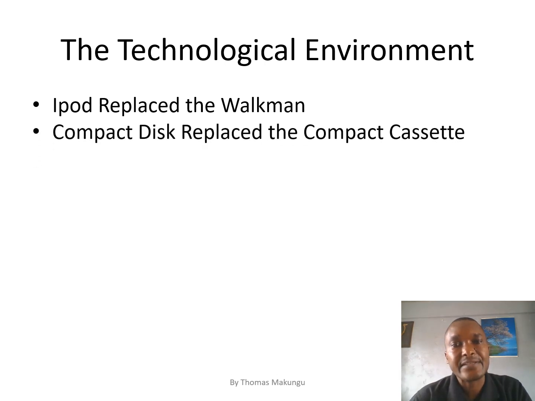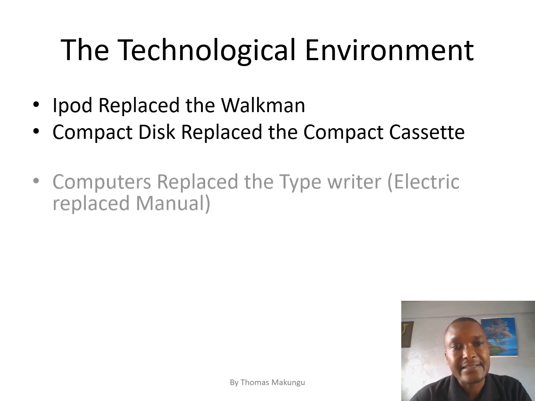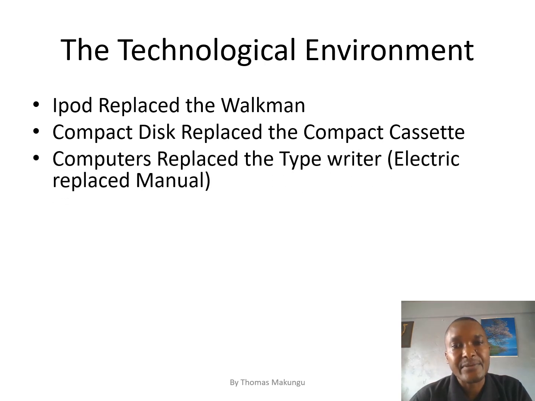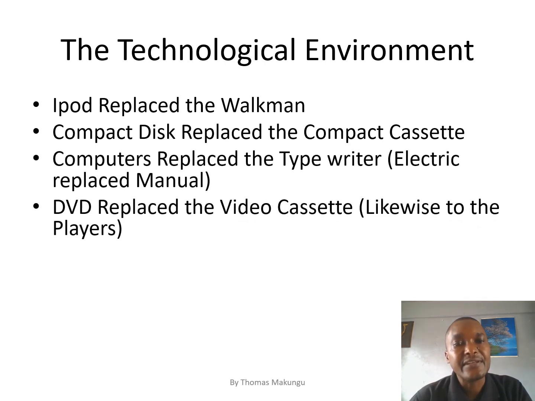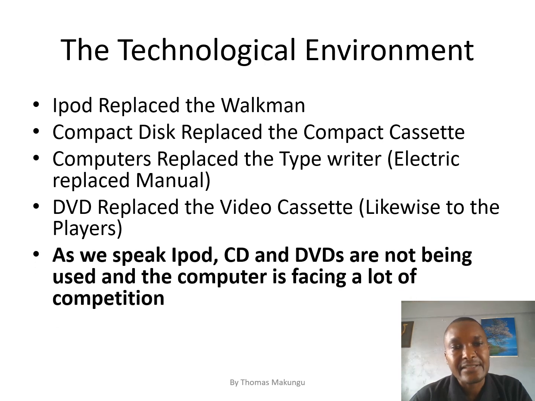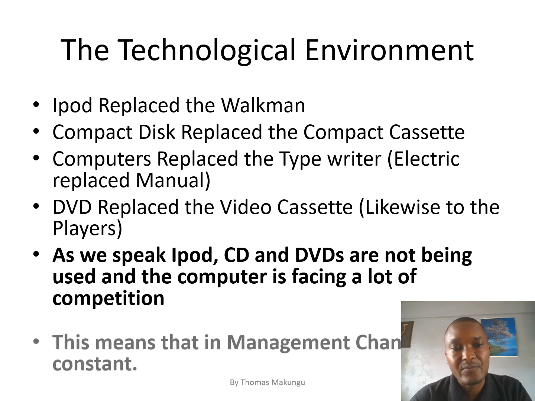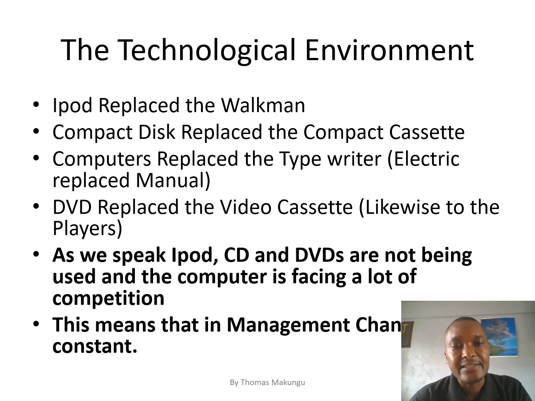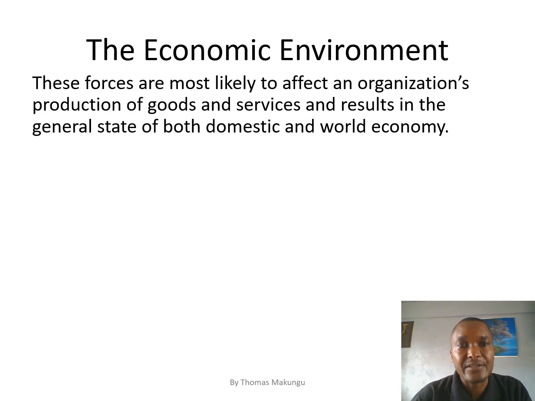Compact disc replaced the compact cassette. Computers replaced the typewriters. DVDs replaced the video cassettes. As we speak, iPods, CDs, DVDs are not being used, and the computer is facing a lot of competition from many other devices. This means that in management, change is constant. Change is always happening, and therefore we have to keep up with the changing environment.